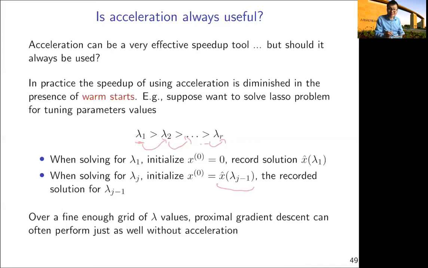On the other hand, the gradient descent might have already been extremely close to the optimal solution for the next choice of lambda. This is especially the case when you are choosing a sequence of lambdas that are very close to each other, and you make lambda 2 smaller than lambda 1 only by a little bit, and in that case, using acceleration isn't really helping you too much.